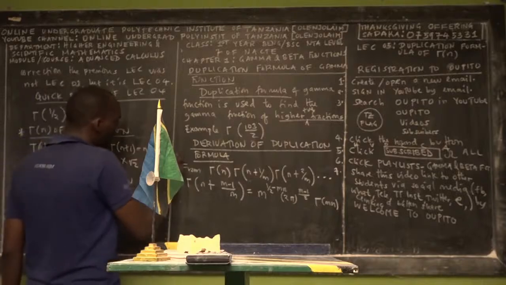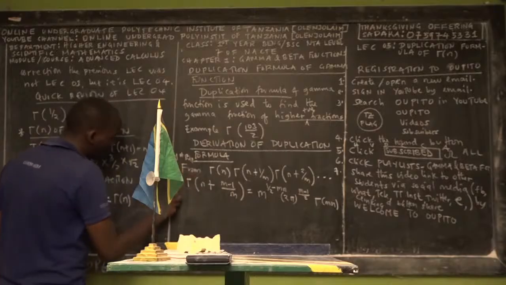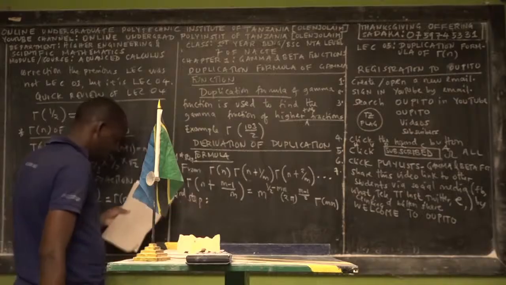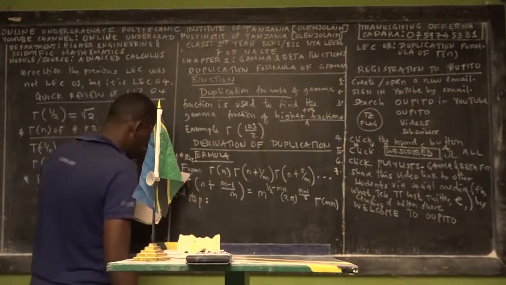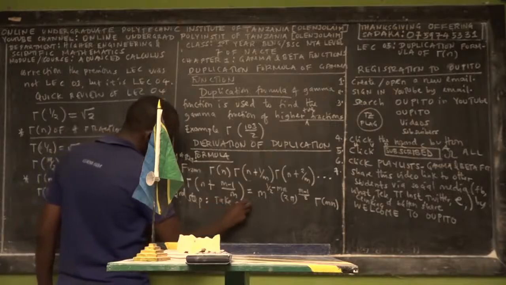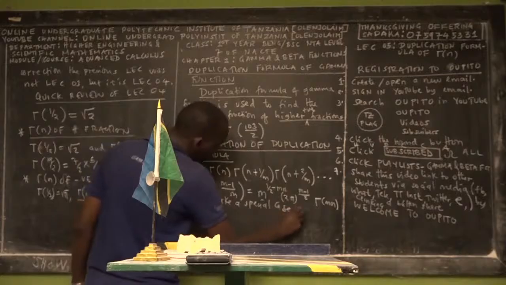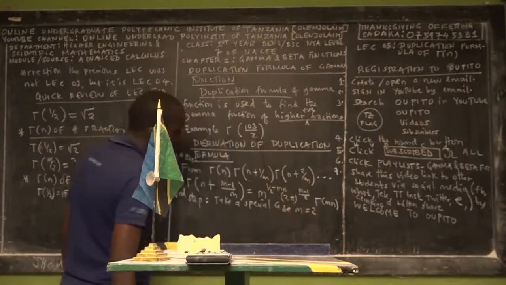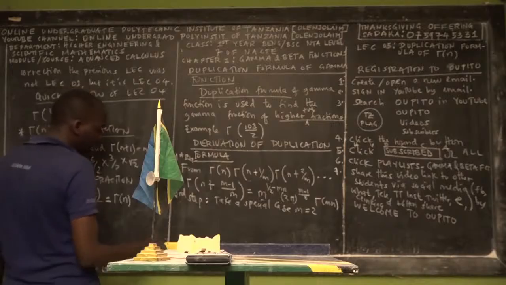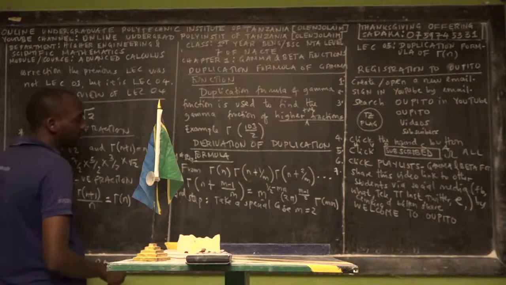So this is the first step. The second step of deriving the duplication formula: take a special case, m is equal to 2, and substitute into the above formula.